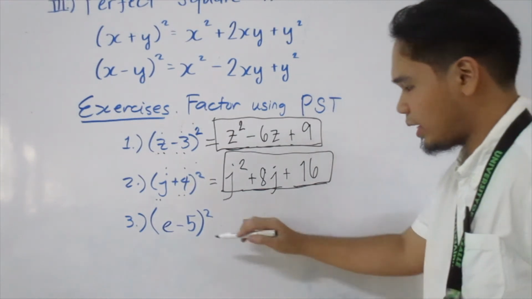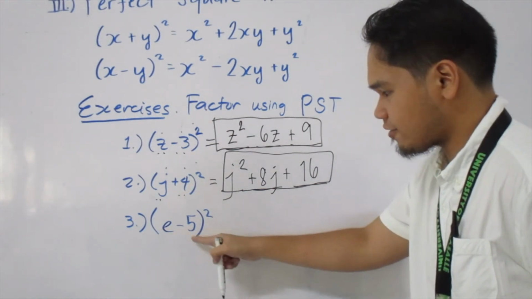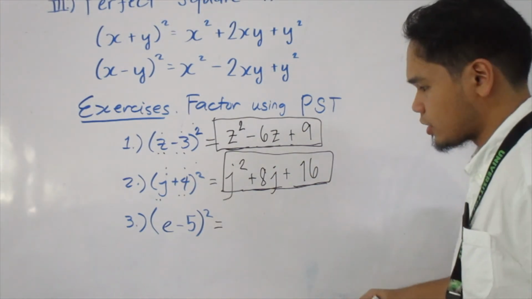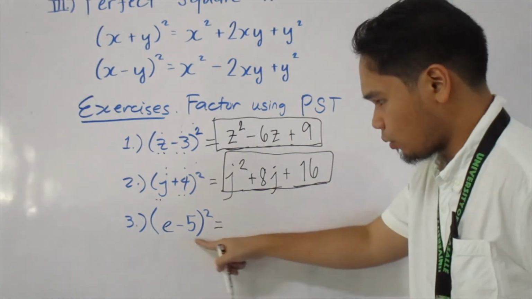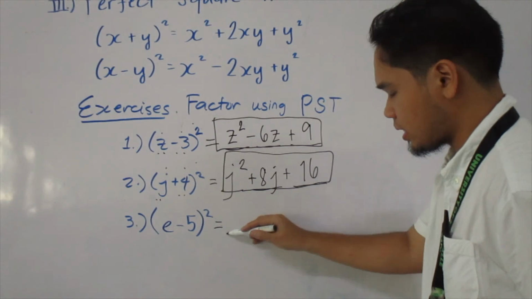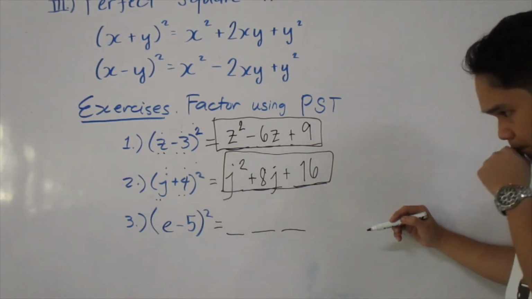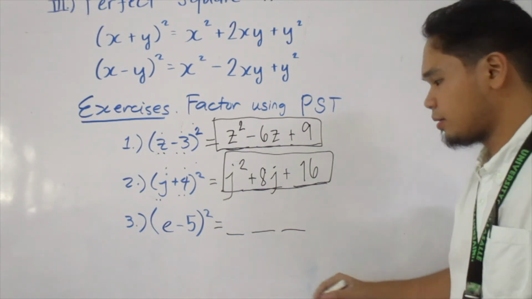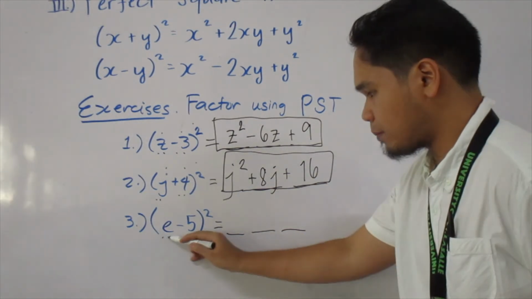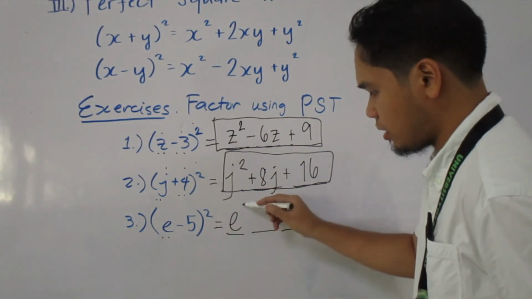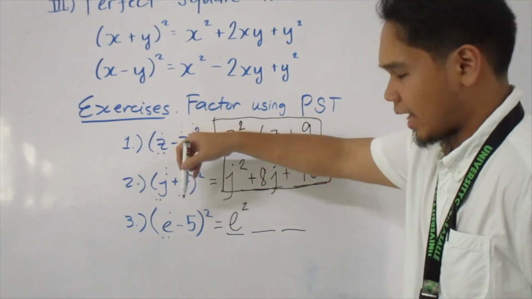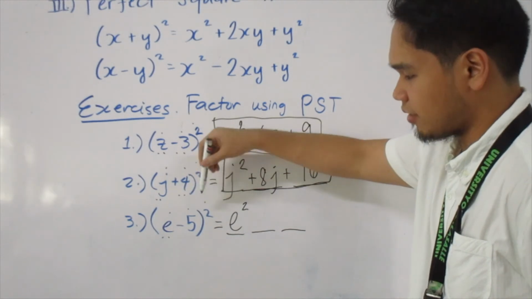And lastly, we have here quantity e minus 5, quantity squared. E is a variable, not a constant. So again, imagine the 3 terms that I talked about. For the first term, we have e times e, so that's e squared. Middle term, e times negative 5 times positive 2.